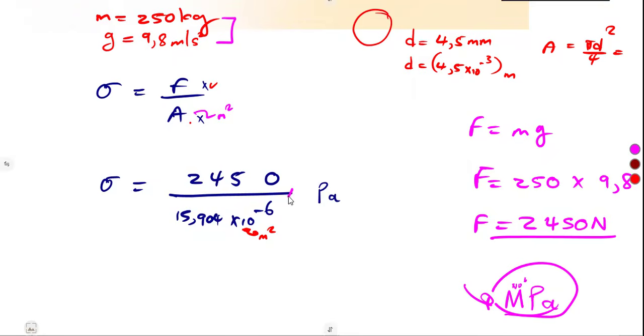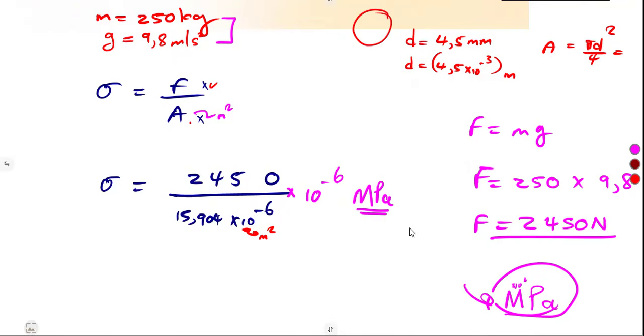We multiply by the opposite. So what is the opposite? Times 10 to the exponent of negative 6. Remember, megapascal has a positive 6 there. So the opposite, times 10 to the exponent of negative 6, will automatically convert our answer to megapascal.